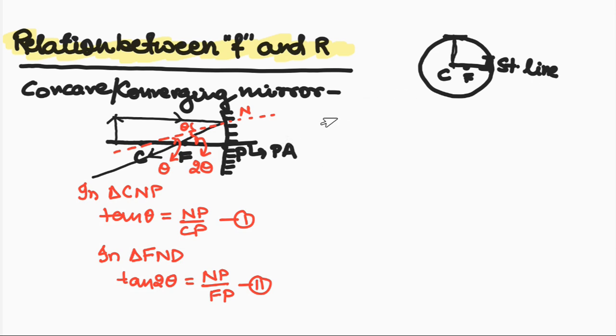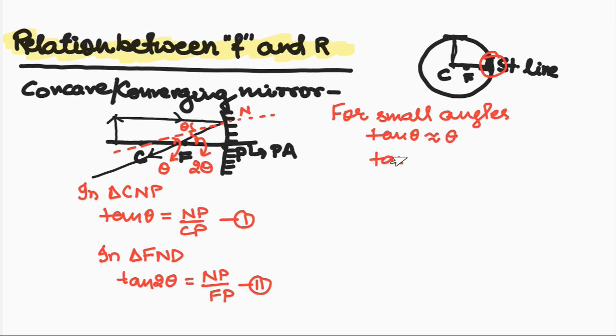Now students, we have considered a small part of the mirror, therefore the angles will be very small. So for small angles, tan theta is approximately equal to theta, and tan 2 theta is approximately equal to 2 theta.